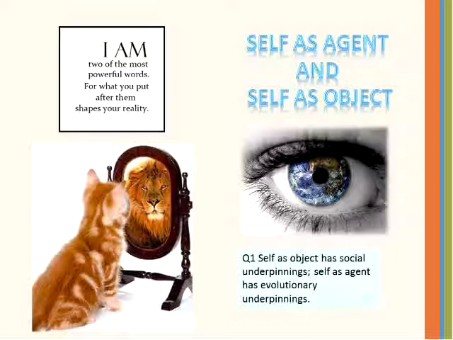So the underpinnings of the social aspect is of self as object, and there's underpinnings in the evolutionary world as self as agent. You can think about that evolutionary psychology deals with how we move through the world to keep ourselves self-preserved, so to speak, survival of the fittest.